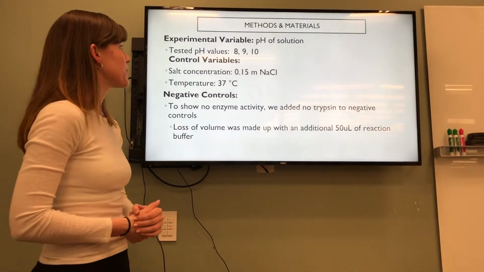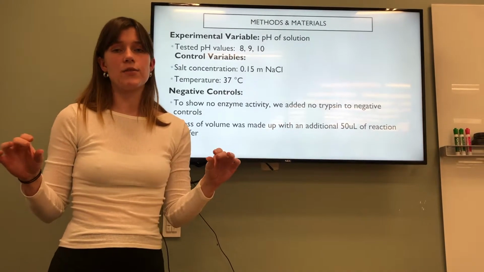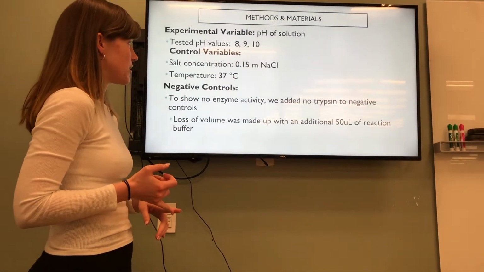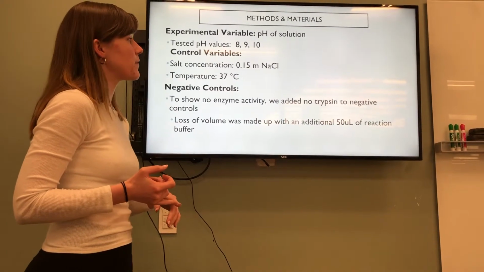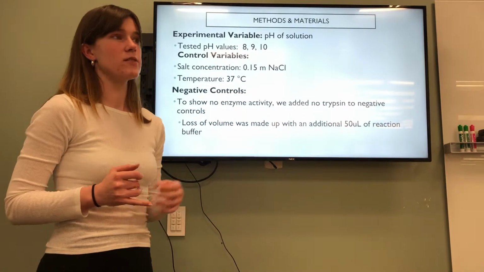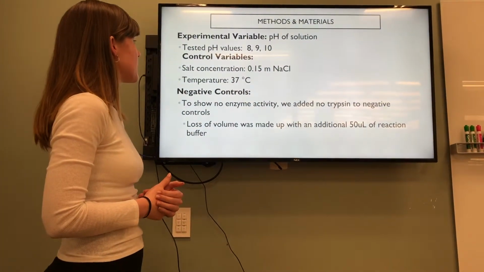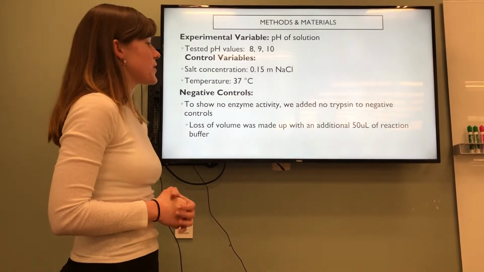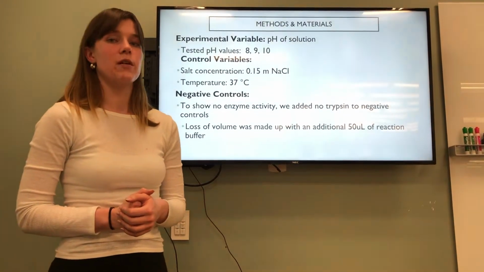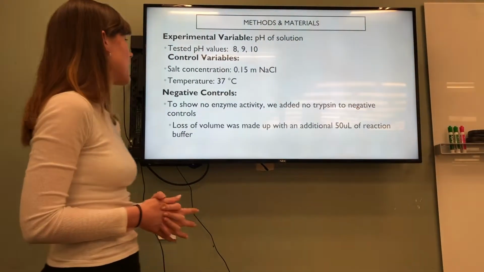The control variables, the variables that we kept constant throughout our experiment, were the salt concentration, which was 0.15 molar NaCl, which is the salt concentration in the small intestine, as well as a temperature of 37 degrees Celsius, which is also the temperature where reactions occur in the small intestine.